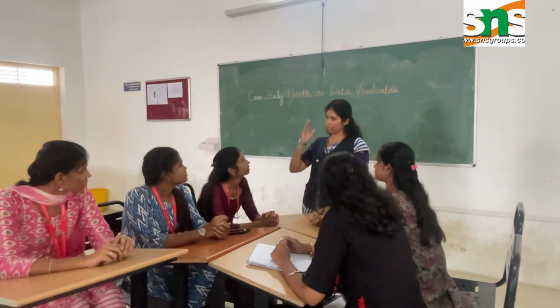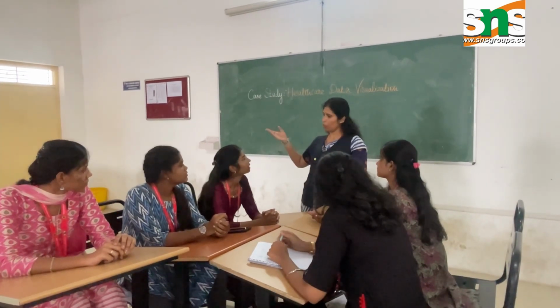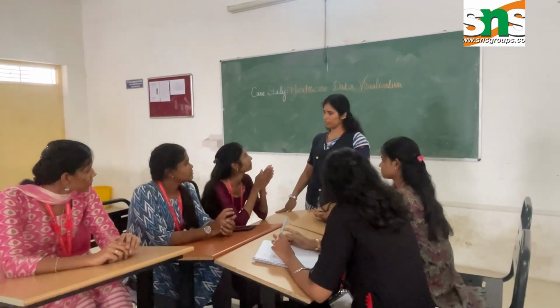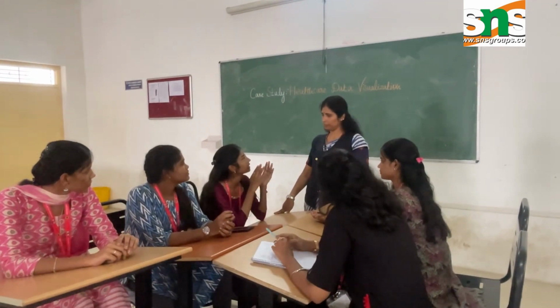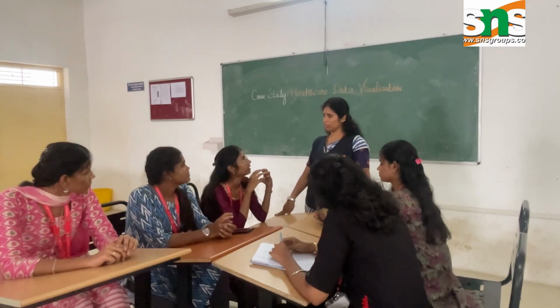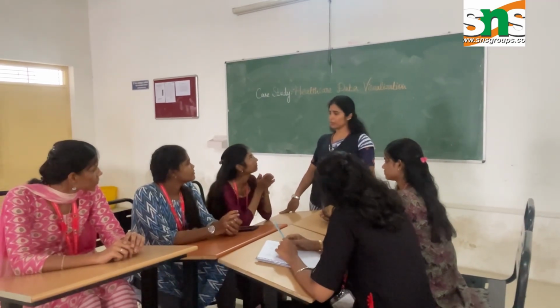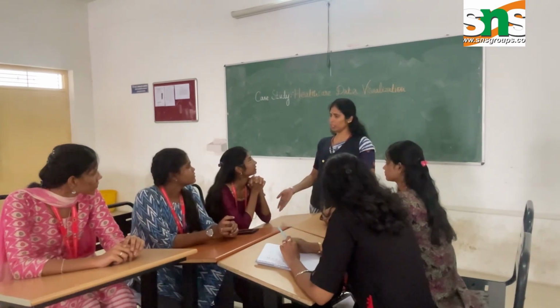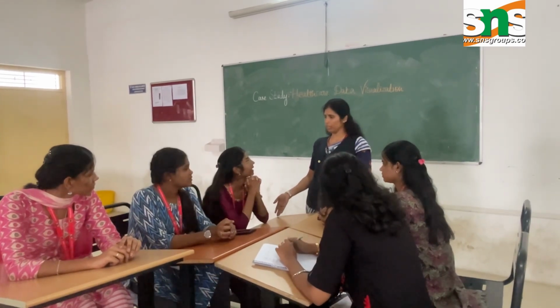First we will read the total details of patients, and then we will categorize the diseases or their illness. Based on inpatient, outpatient and emergency cases, we are going to segregate.